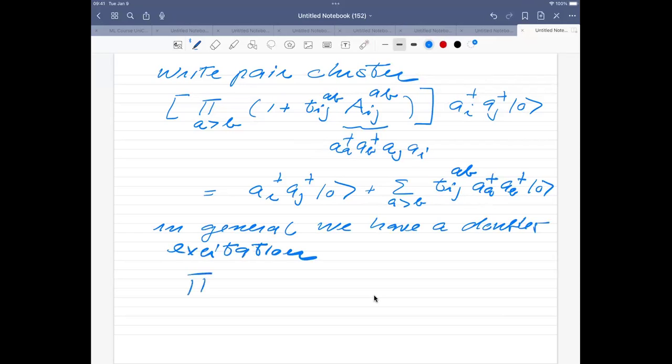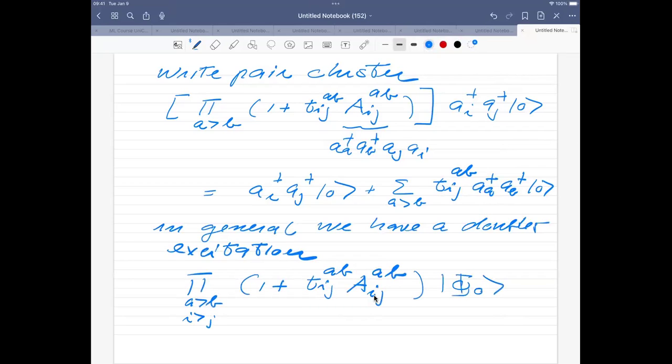We can write this in terms of a larger than b, i larger than j, and then 1 plus this t_ij^ab, and then the operator which we call uppercase A_ij^ab, which collects the two creation operators and the two annihilation operators. And this one is acting on the reference vacuum state.